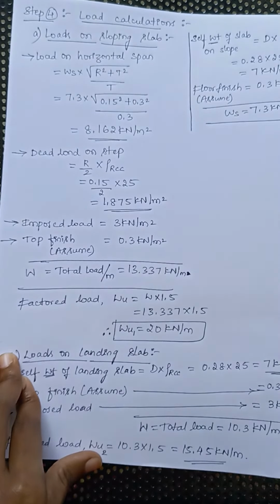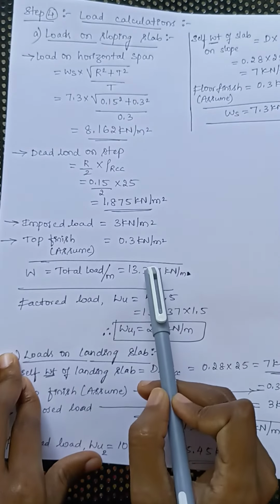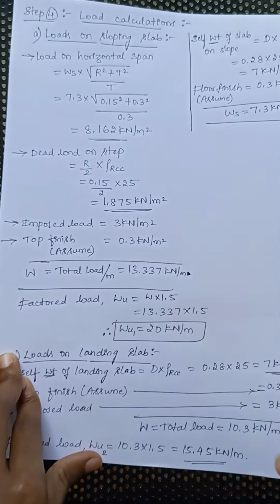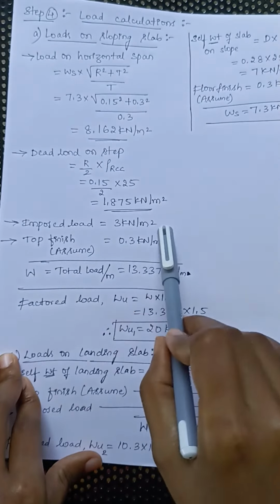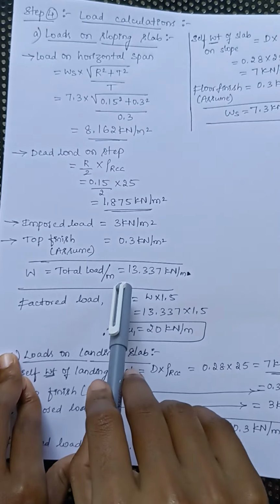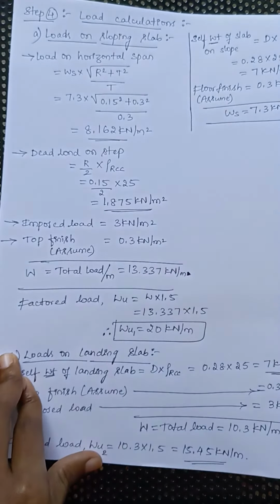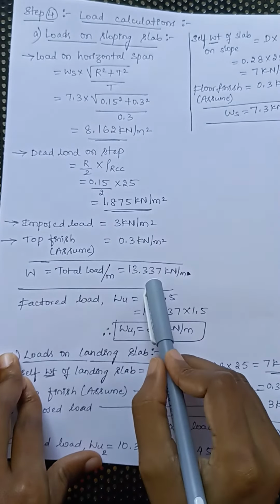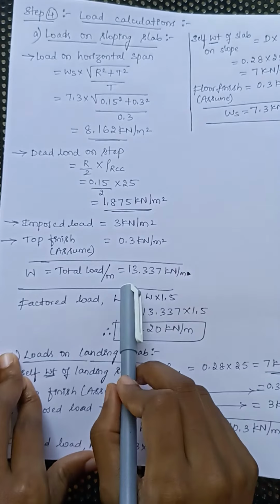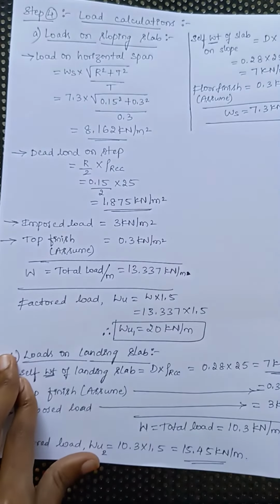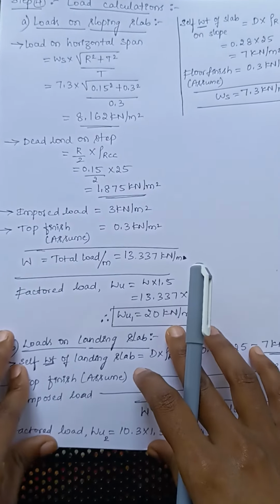If we want to find the load per meter, then you multiply your value with 1, because 1 represents the width of the stair, and we will be assuming the width of the staircase is 1 meter here. So for which per meter length we are finding, the length of the stair is 1 meter. On multiplying 13.337 with 1, we get a value of 13.337 kilonewton per meter. So that gives you the total load.